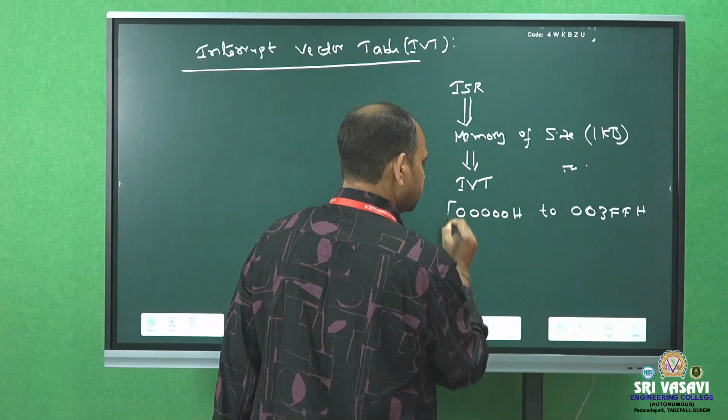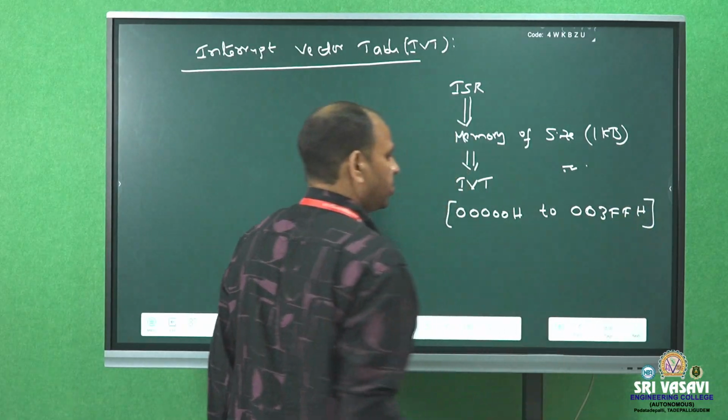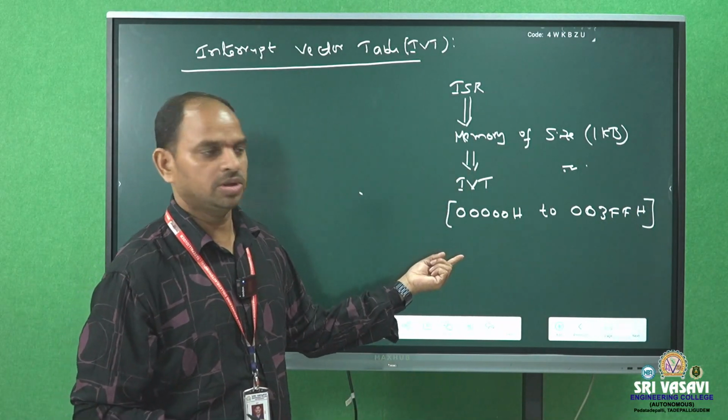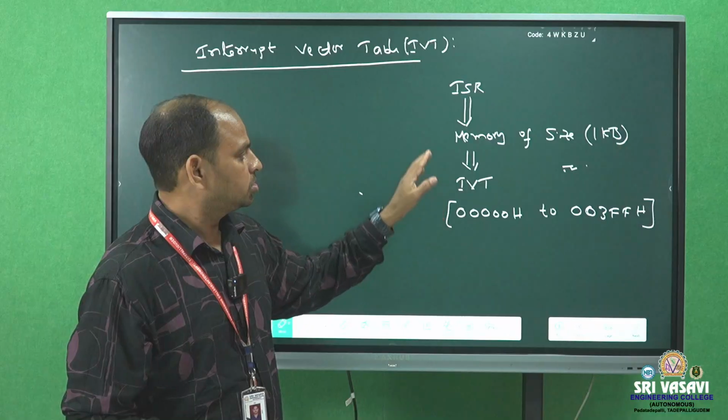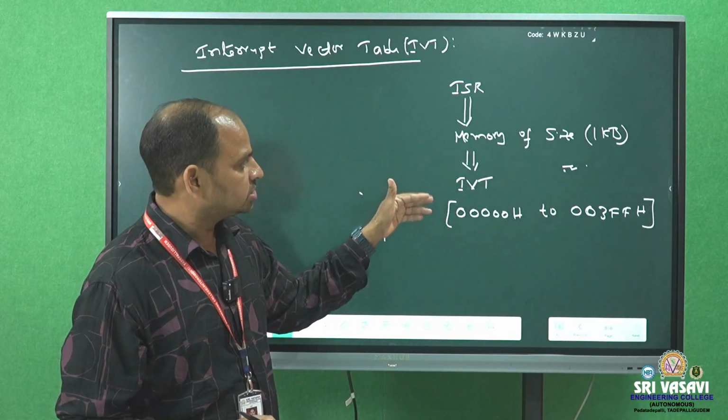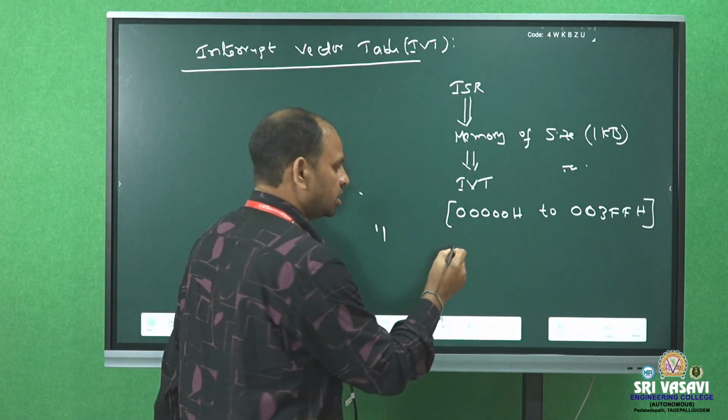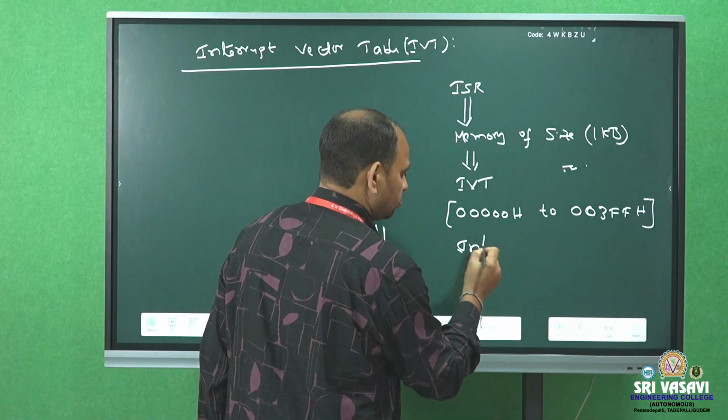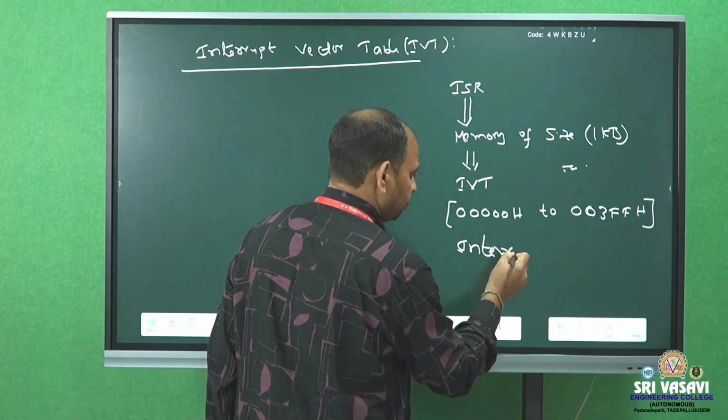This is the address range of the interrupt vector table. This starting address of every ISR is also called the interrupt vector.